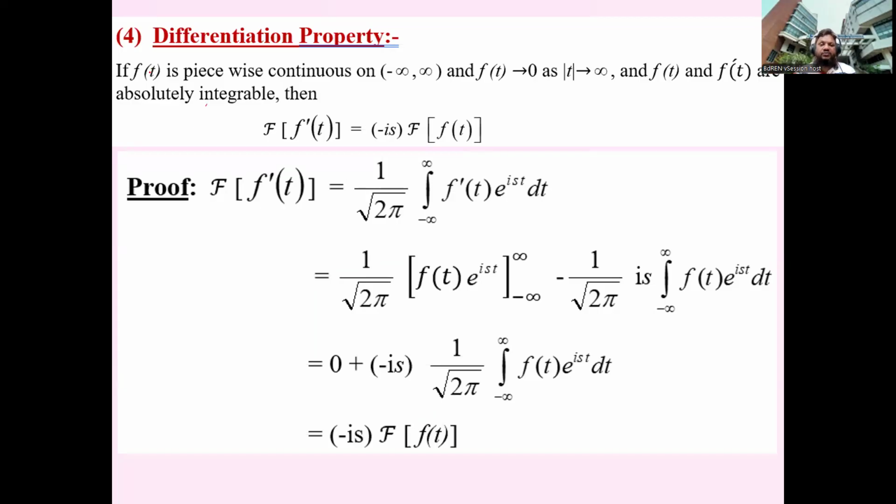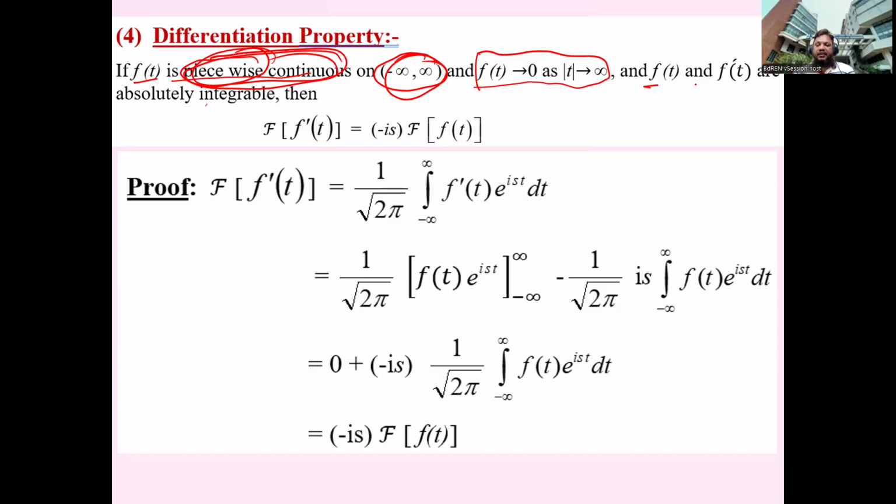In this problem, we will see that if f(t) is piecewise continuous on negative infinity to positive infinity, it is already given. You know, without piecewise continuity, we cannot find the Fourier transform. So this one is the Fourier condition for finding the Fourier transform, and the function must be defined on negative infinity to positive infinity. Okay, and f(t) tends to 0 when mod t tends to infinity.